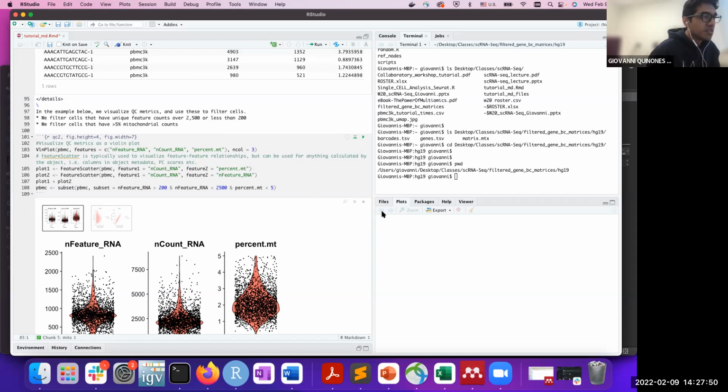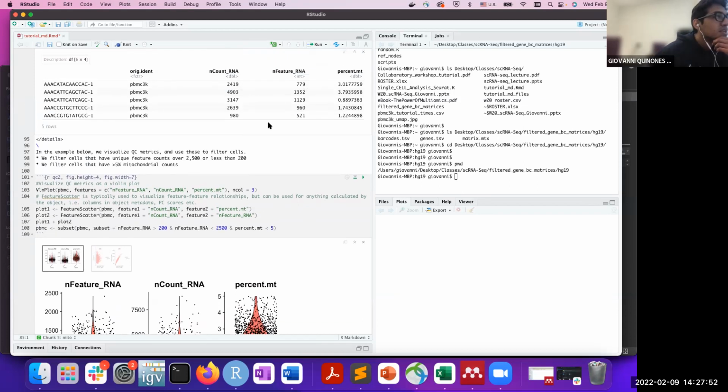Feature means gene. Yeah, before I mentioned feature count as the number of genes, but here it's labeled as feature RNA. At some other points it's going to be labeled as feature count. But feature count or feature RNA is referring to the number of genes. Just to clarify, okay.